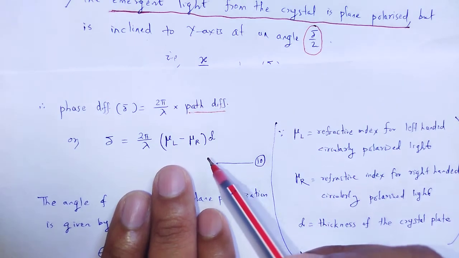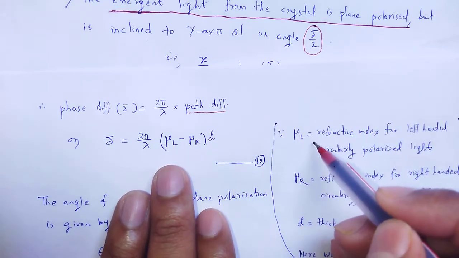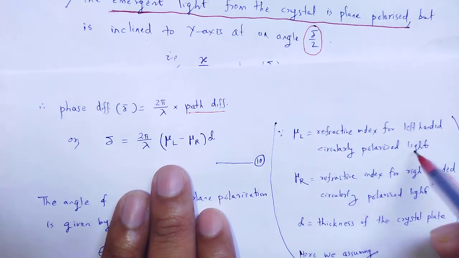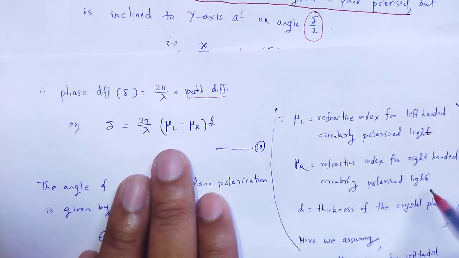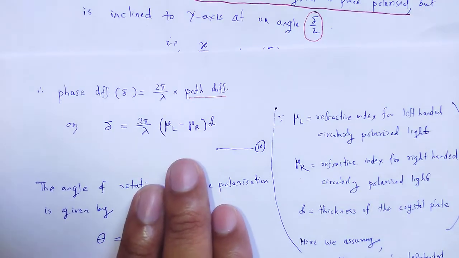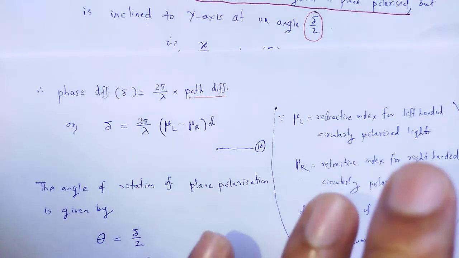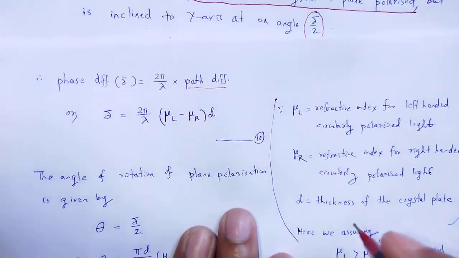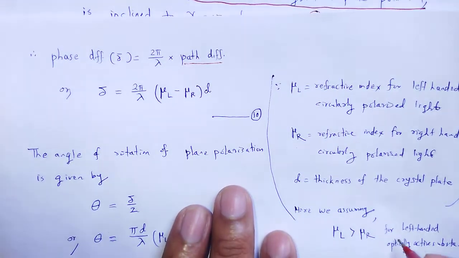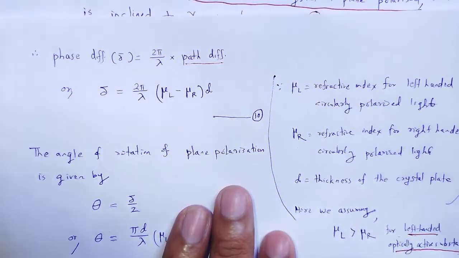Let mu L be the refractive index for left-handed circularly polarized light, and mu R the refractive index for right-handed circularly polarized light, and D the thickness of the crystal plate which we have taken into consideration, and that is a left-handed optically active crystal.